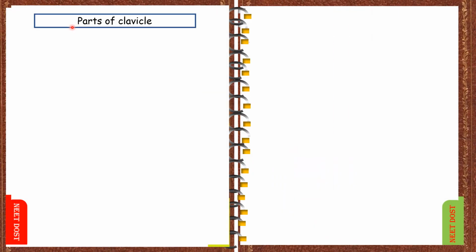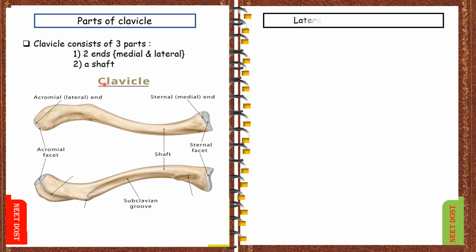Now let us discuss the parts of clavicle. Clavicle consists of three parts, which are two ends, that is medial and lateral, and a shaft. Coming to the image, this is the clavicular bone, and this is the medial or sternal end with the sternal facet on each bone, and this is the shaft of clavicle, and the inferior surface of clavicle contains the subclavian groove, and the acromial or lateral end contains the acromial facet.